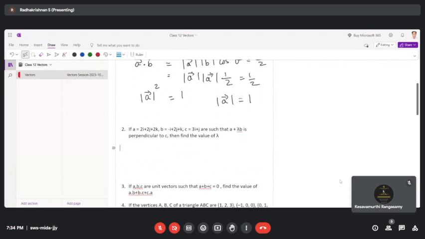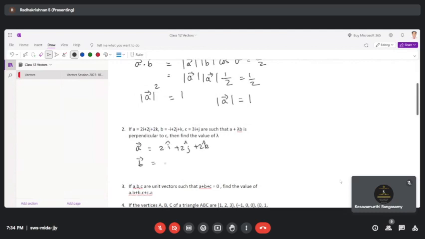So let's look at the second problem. If A equal to 2J, because typing doesn't allow these kinds of letters. Actually, it's this.